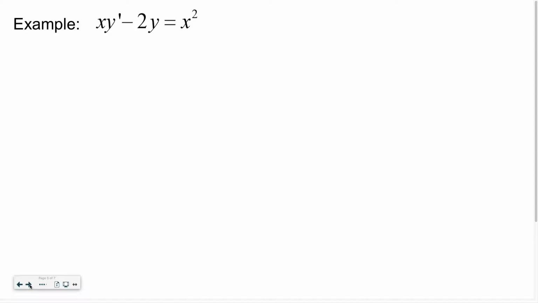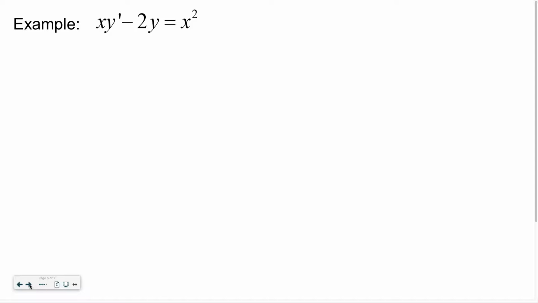Okay, first of all, is this separable? No. Okay, would this be considered standard form? We need dy dx plus something, don't we? Yeah.